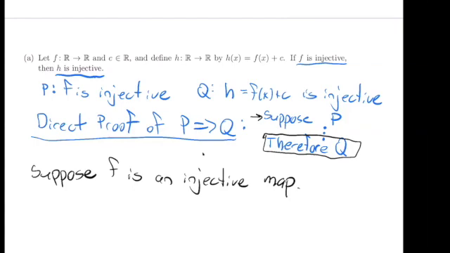And then again, what we're hoping to show now is statement Q, which is that H is injective. So in other words, what we want to show in order to prove injectiveness, there's a little bit of scratch work. I'll just put over here.